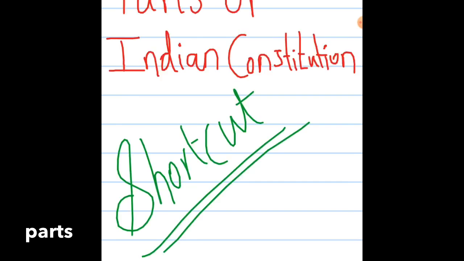I hope you are all aware that there is only one corner of the universe you can be certain of improving, and that's your own self. With that note, we enter into the parts of our Indian Constitution. There are about 22 parts, and I recommend you have some shortcuts for the parts of the Indian Constitution that you can easily remember in the examination hall.